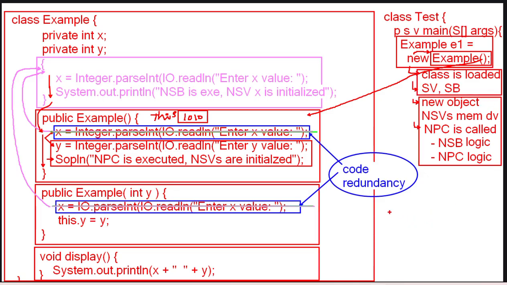Now answer my question. I am creating one more object. Is it possible to create an object like this? Example e2 = new Example(5). Tell me here what am I doing?